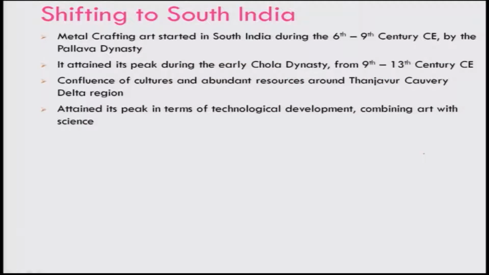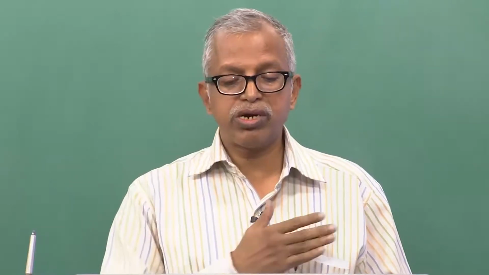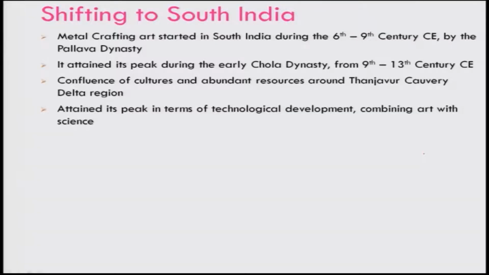And of course, there is a lot of gap between that technique and how it propagated from this Indus Valley civilization toward the south and other parts of the country. But literary evidence suggests that again there is an arousal of this technology.